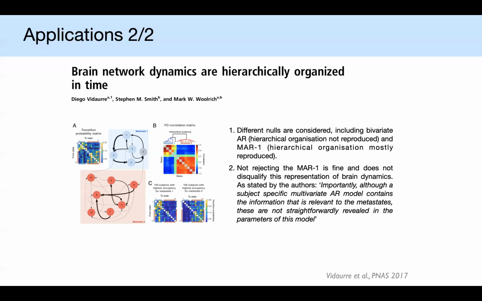The added value of this representation is not weaker. The added value is still there, and the description in terms of different states that cluster into two metastates is still completely valid. It's just that it is captured somehow in a complex way within the MAR1 model.